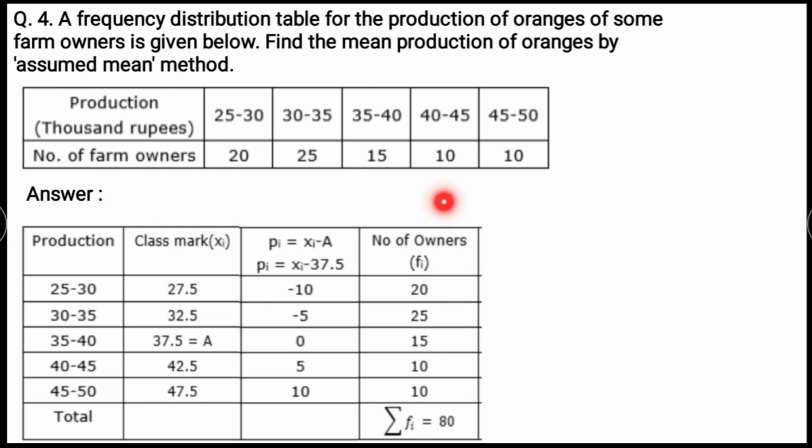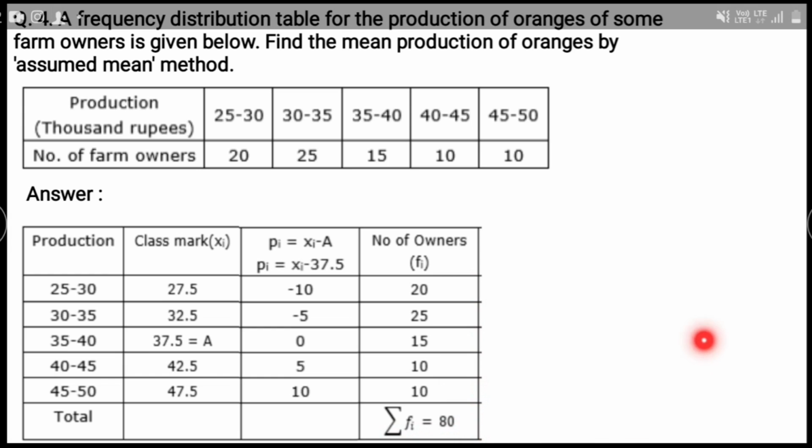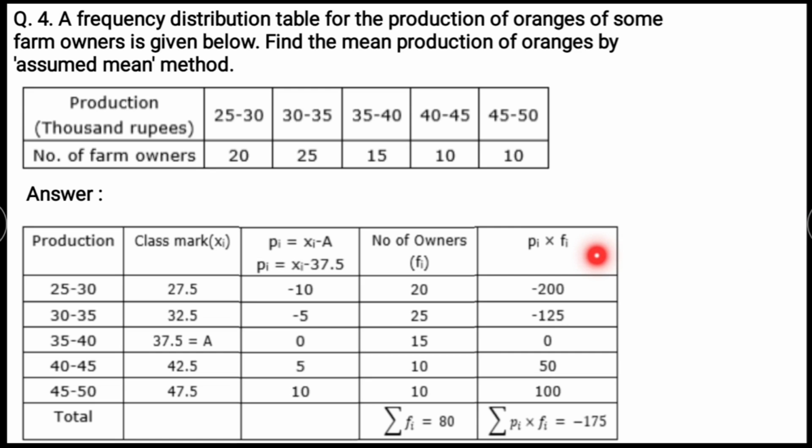Then we write the number of farm owners, that is the value of fi which is given: 20, 25, 15, 10, 10. So we add all these, so we get summation of fi which is 80. Then next we have to find pi into fi.